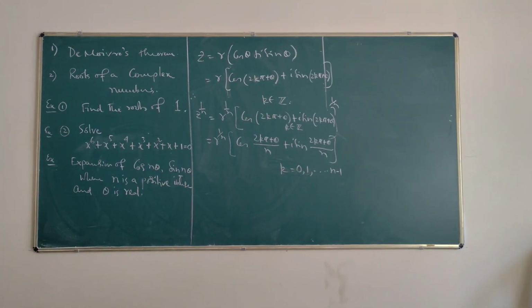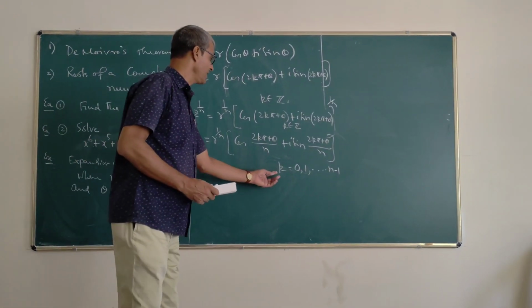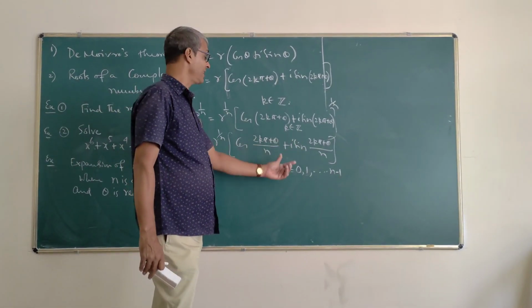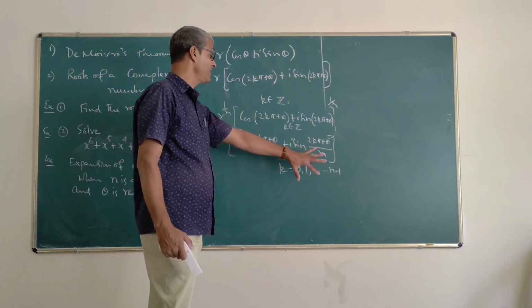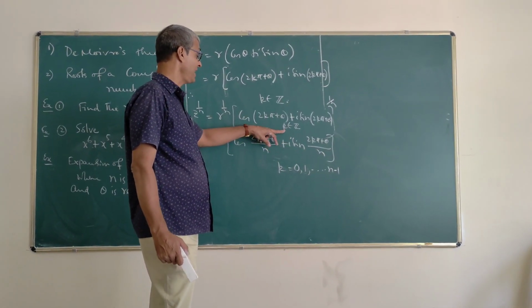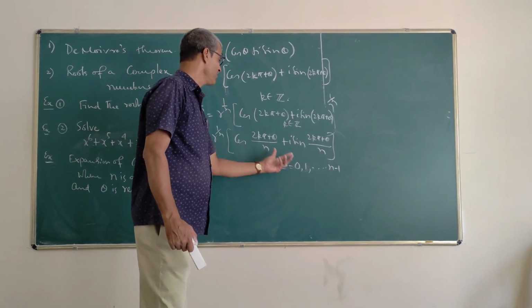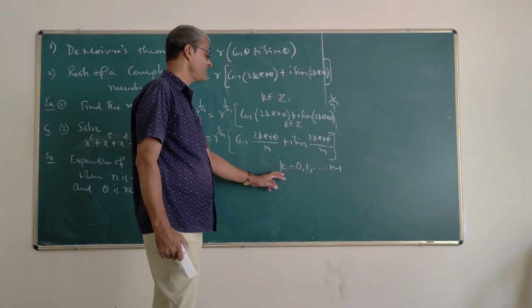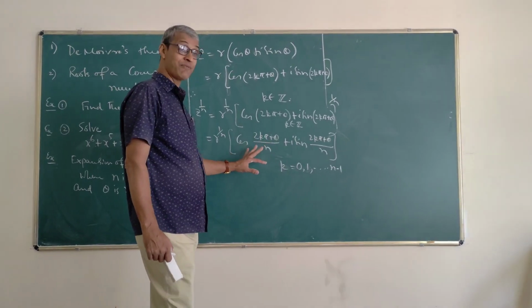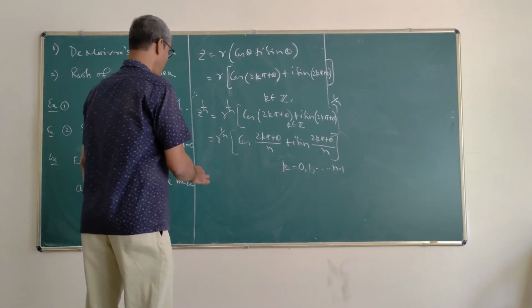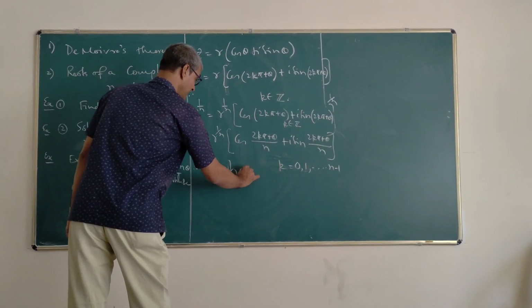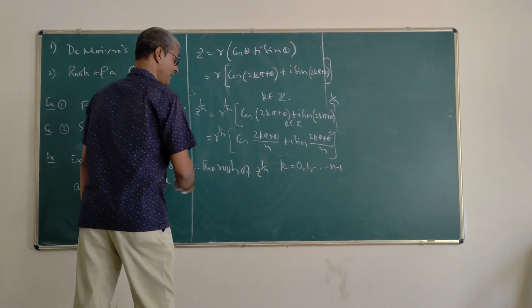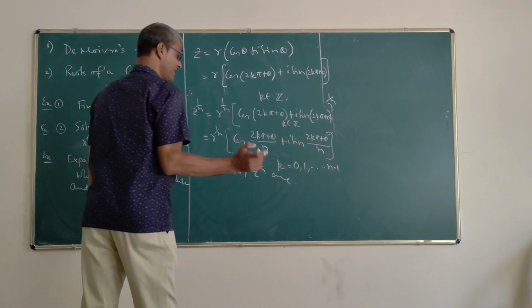K may be minus 1, or n plus 1 also, but these n values of k are the only ones that give distinct roots.